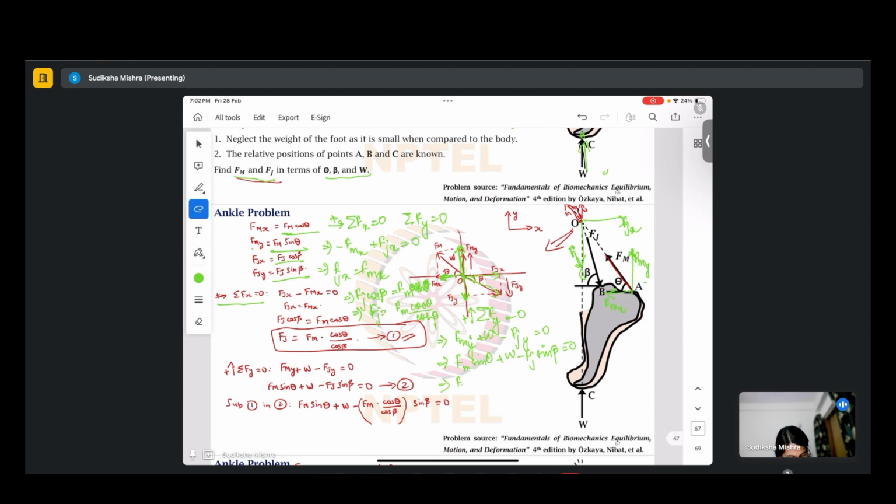Now we know Fj to be Fm cos theta by cos beta, so Fm cos theta by cos beta into sin beta. I'm just shifting w to the side. Now you take Fm sin theta minus cos theta by cos beta into sin beta plus w is equal to 0.